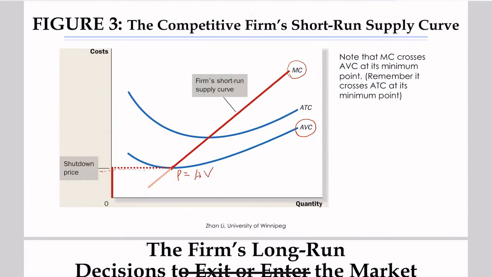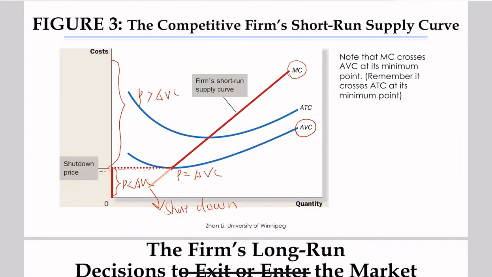And you can see that for these prices, they are all smaller than the average cost curve. And obviously for all these prices, they are all larger than average variable cost. So what you can see here is the firm will shut down here, right?